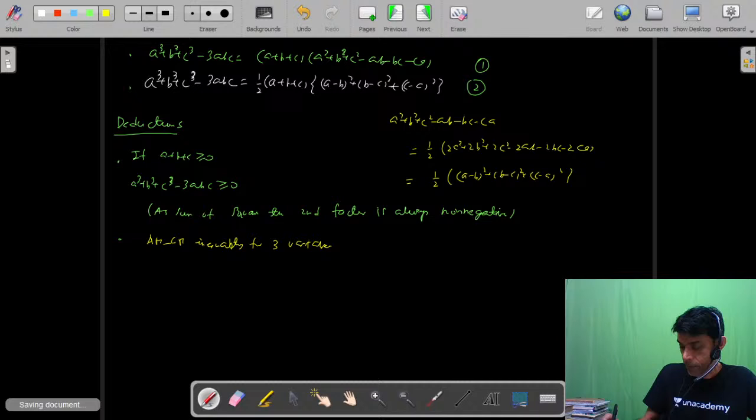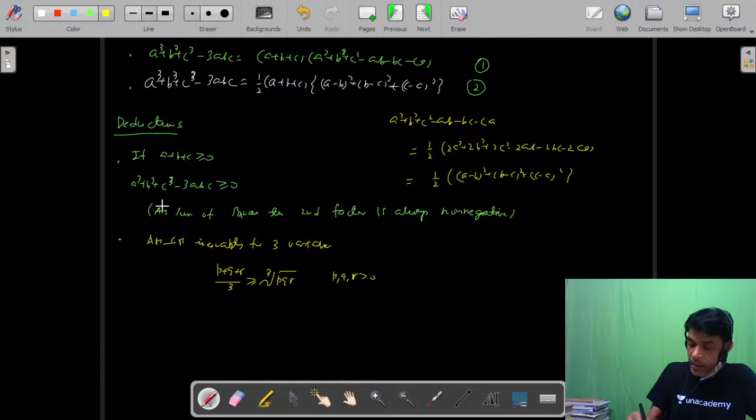They don't remember. So for three variables, I want to prove that (p plus q plus r) divided by 3 exceeds or equals the cube root of pqr. That is AM-GM for three variables. Take p, q, r to be positive. If they are non-negative, nothing is to be proved, right? Now this is coming directly from here, right?